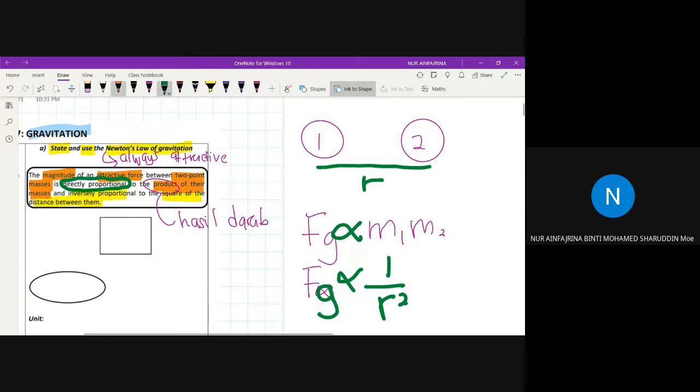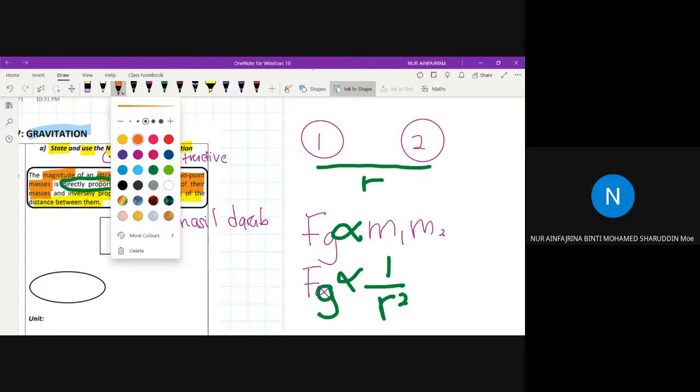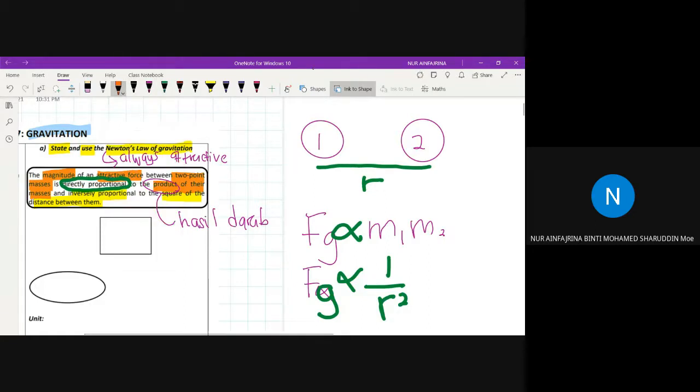So macam Miss cakap, dia adalah attractive force. So attractive force ini adalah dia punya gravitational force. So maksudnya dia akan ada attractive force. Contohnya attractive force by particle 1 on particle 2 ataupun by particle 2 on particle 1. So ini yang Miss highlight dengan kuning ini adalah attractive force.